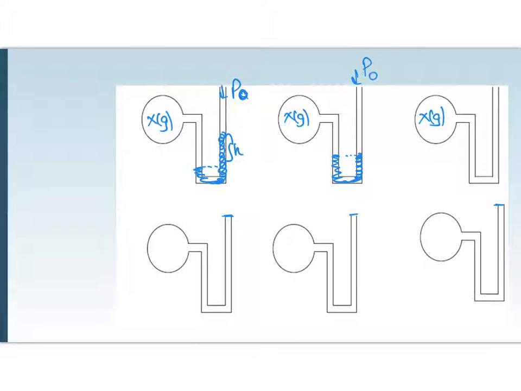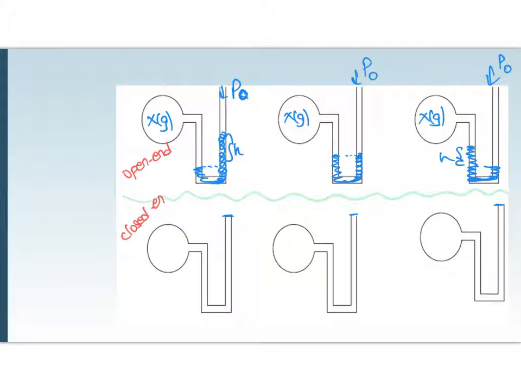Again, there is P0, and P0 means atmospheric pressure. Let's say that the mercury difference will be on the left hand side, not the right hand side, but again you have P0 here. So these are open-end manometers, and these are going to be closed-end manometers.